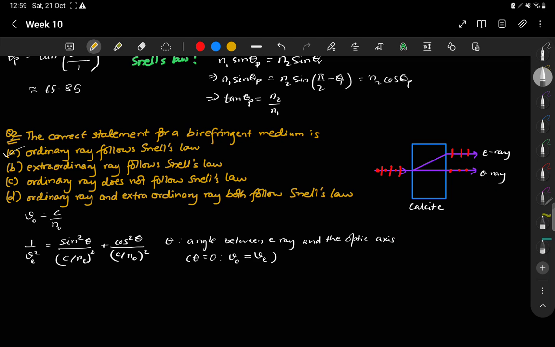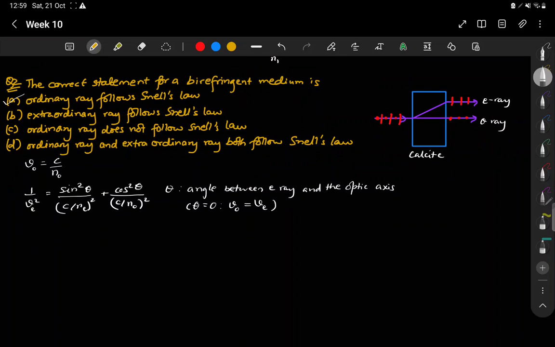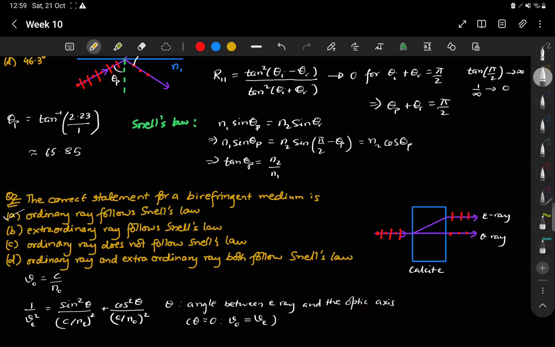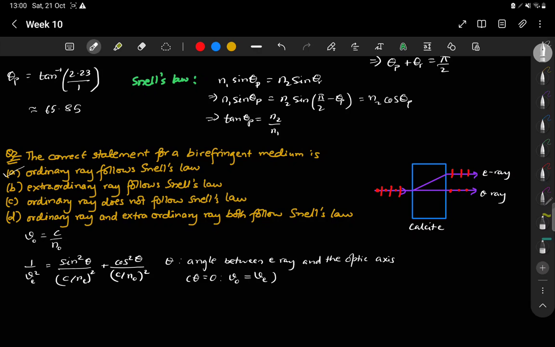So we can now move further. Let me check if there is any question. Okay, so there is one question. Okay, yes. So the extraordinary ray does not follow Snell's law.